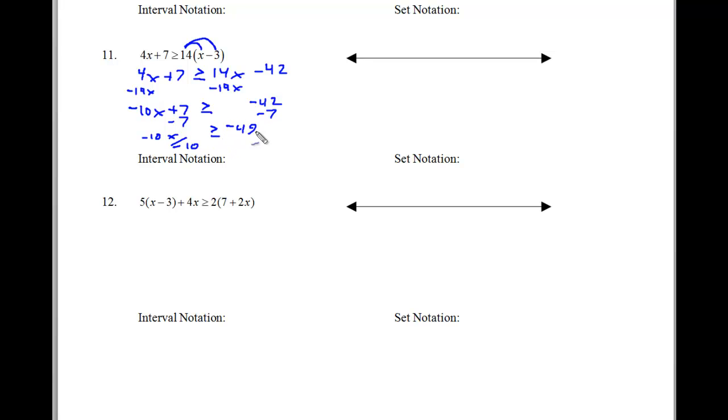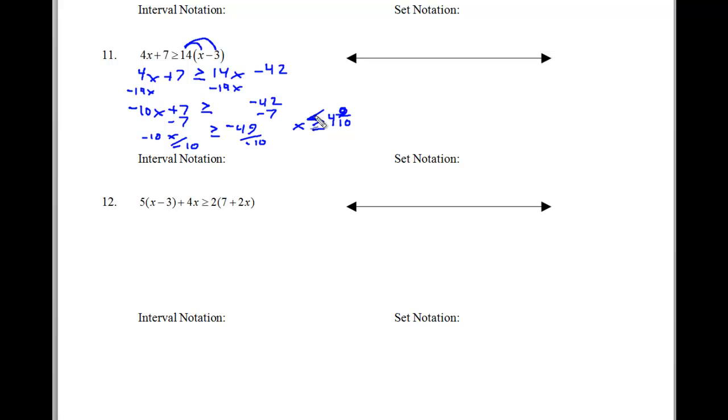Divide both sides by negative 10. And I have x is greater than or equal to, well, you can have 4 and 9/10 or 49/10. Let's do 4 and 9/10 here. What I did not do when I did this problem is after you divide by negative 10, you have to flip the symbol.